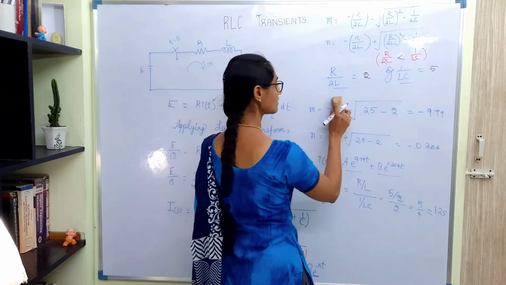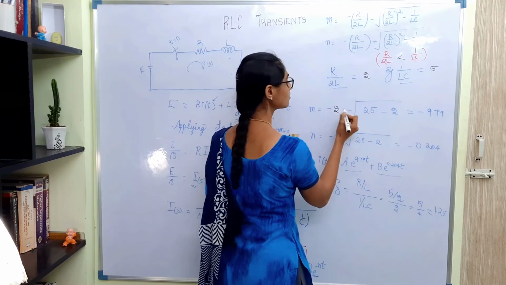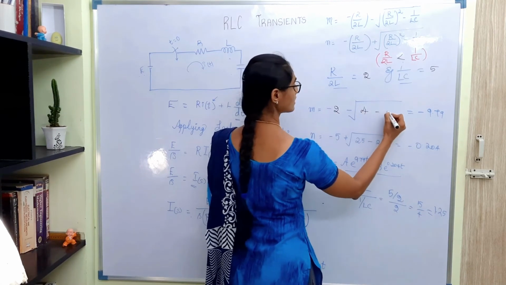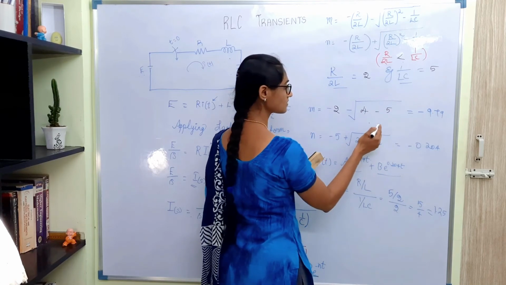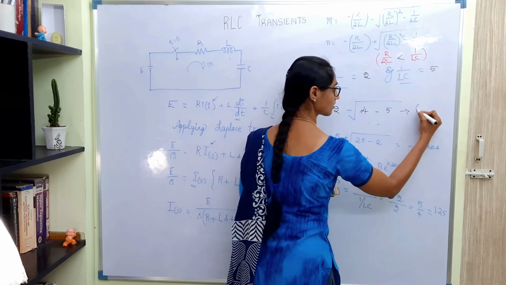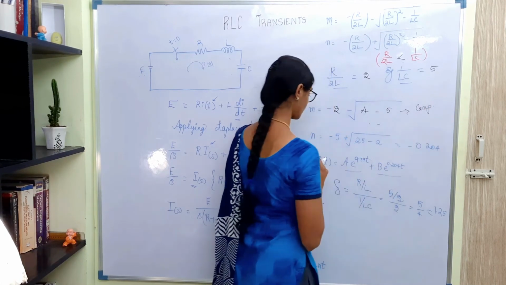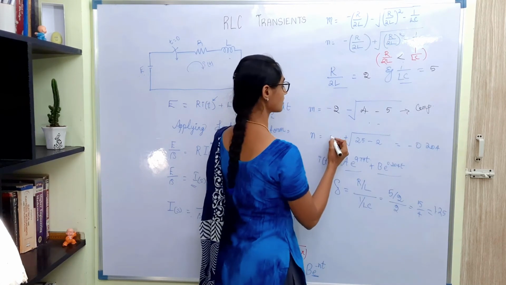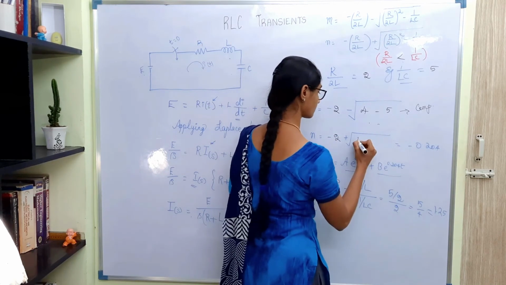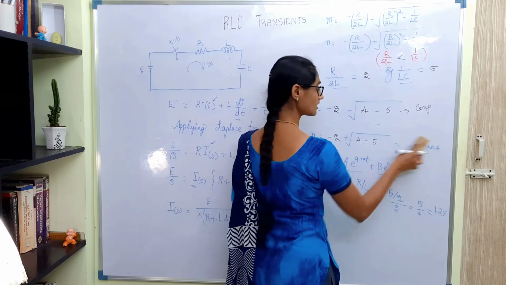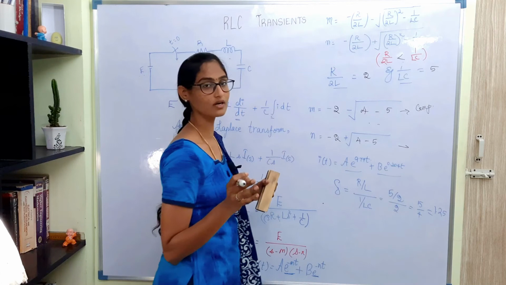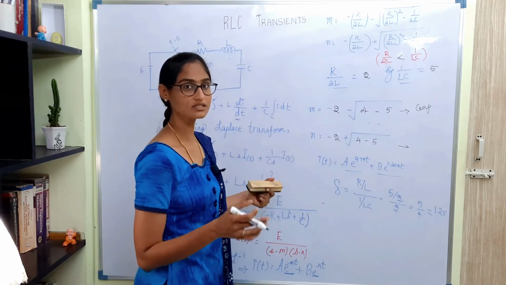m will be minus 2 minus square root of 4 minus 5. So, this becomes a complex term. Here also, n will become minus 2 plus square root of 4 minus 5. So thus you can say that both are complex conjugates. m is x minus iy and n is x plus iy.